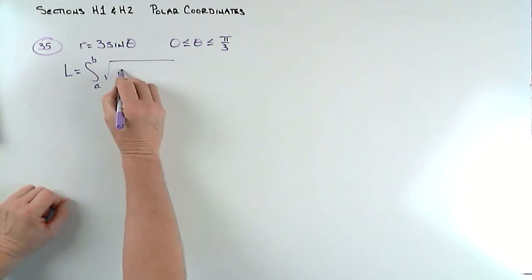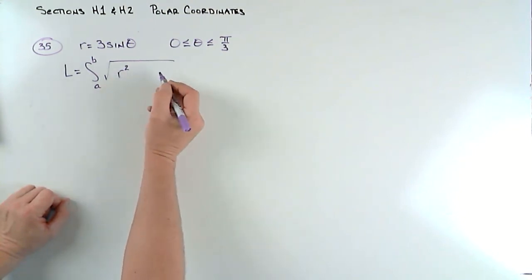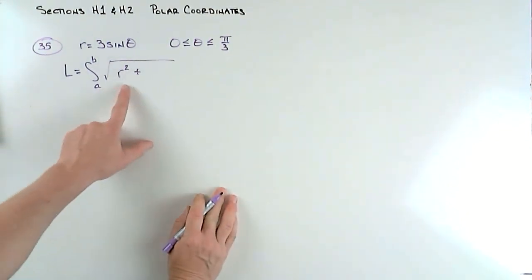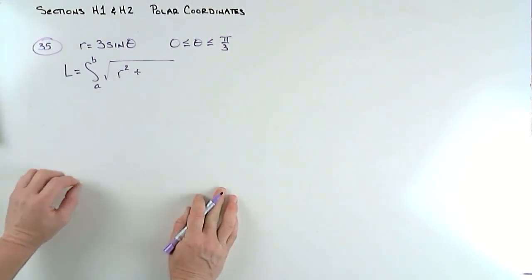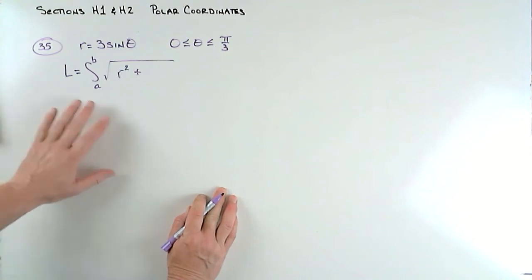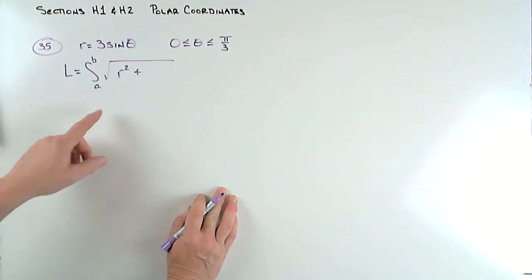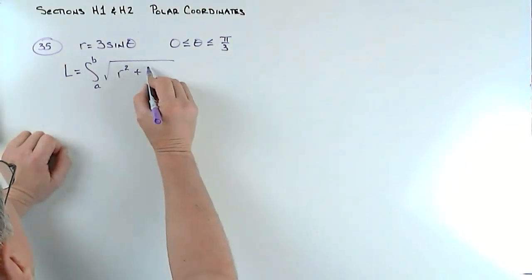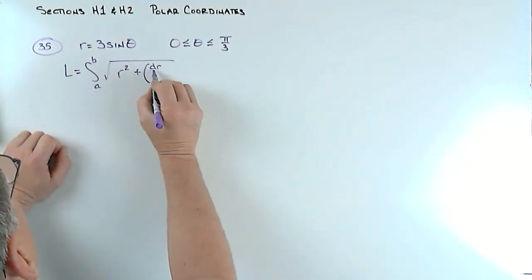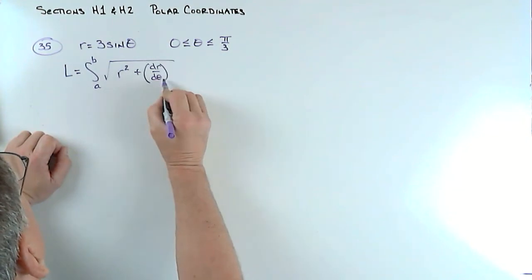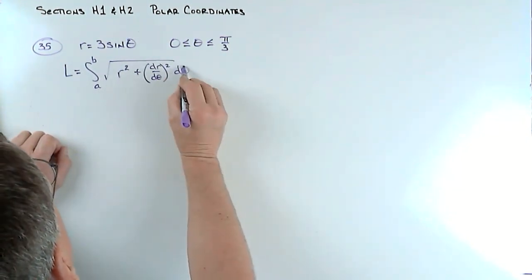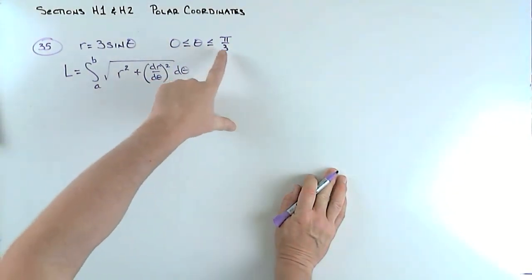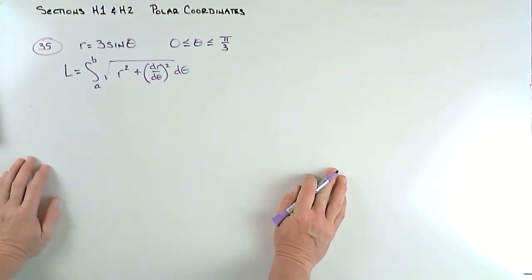So we're going to have a square root, and remember, it's somebody squared plus somebody squared. That's typically the way the formula goes. Sometimes one of these two terms is a 1 if we happen to be doing it with respect to y or with respect to x, but it's still 1 squared, even though we don't write it. But in polar, it's r squared plus dr d theta squared, d theta. And we want to do this between theta equals 0 to pi over 3.